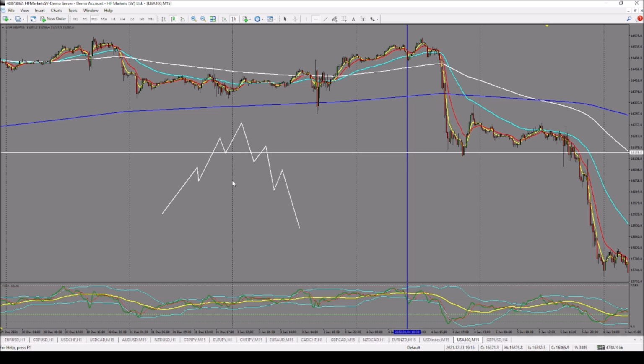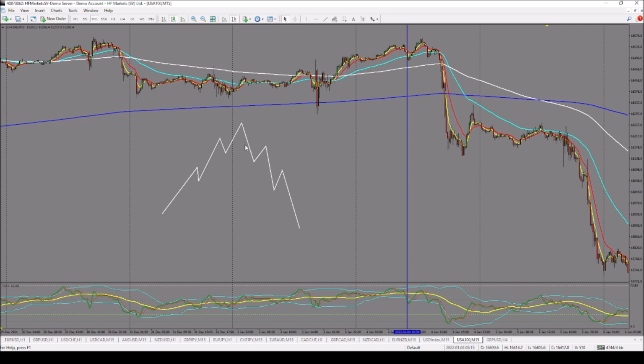In this case, we would say the market broke structure when it broke this zone, right? So after the market breaks structure, it's not wise for us to jump into the market in the perceived direction or perceived trend. We will need to have confirmation of what is happening with the market.